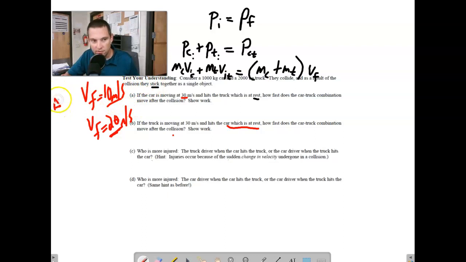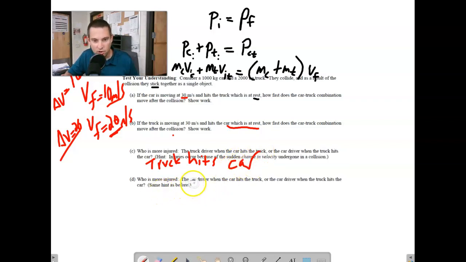Our change in velocity is 10 meters per second for one driver and 20 meters per second for the car driver. Which one is worse? It's when the truck hits the car. The person driving the car is going to suffer so much more damage than if the car had hit the truck.